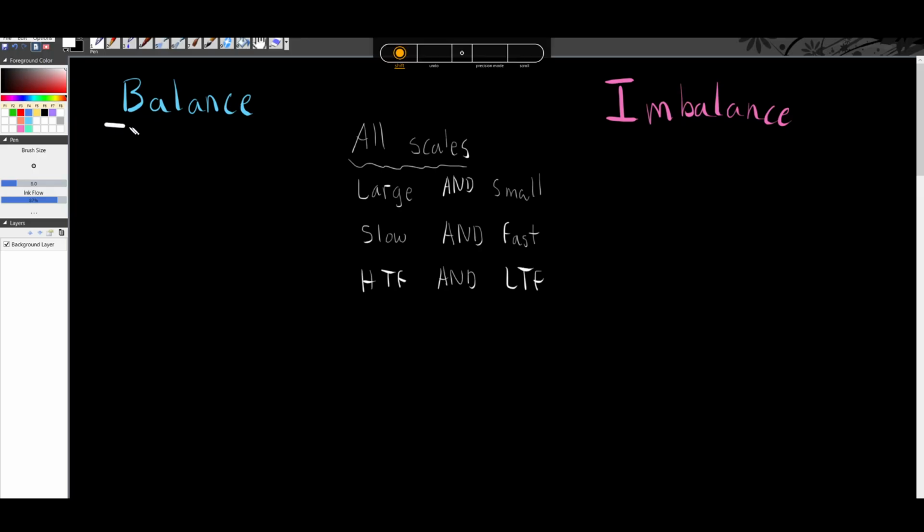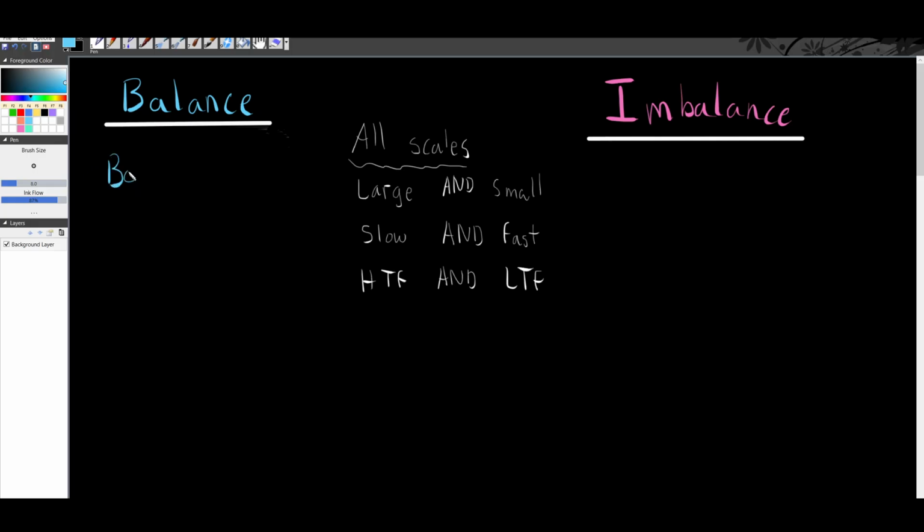So now really quickly, what are some characteristics of balance? What are some characteristics of imbalance? Characteristics of balance include things such as we have both buyers and sellers. I like to write in shorthand, so I'm not going to lie.